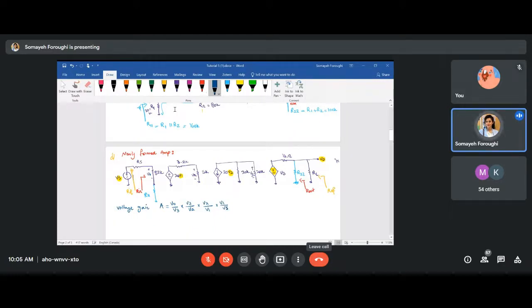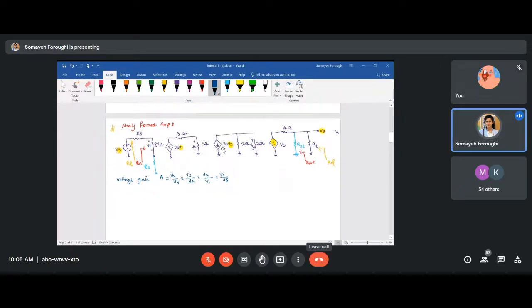First of all, let's go for finding V1 versus Vs. Remember, Rs is given by 9K, and RL was also, I think, 1K. That's fine for now. Guys, V1 versus Vs, we are only in the first quarter of the total circuit. V1 is the voltage over the 82 kilo ohm.